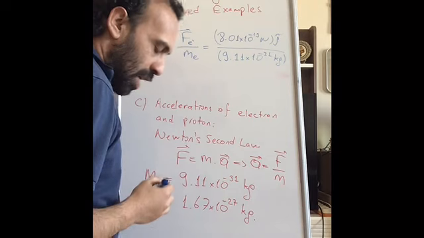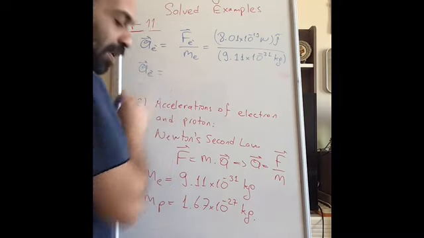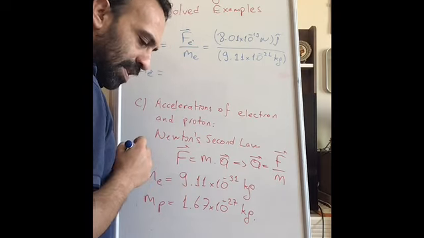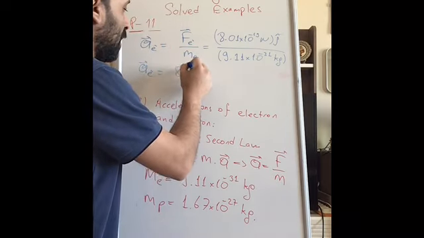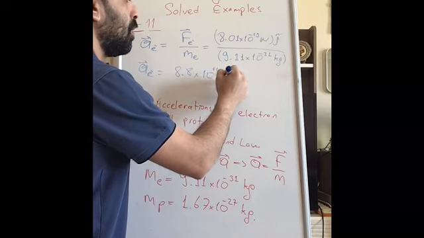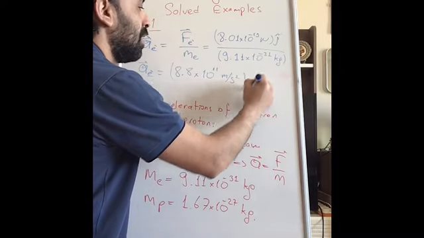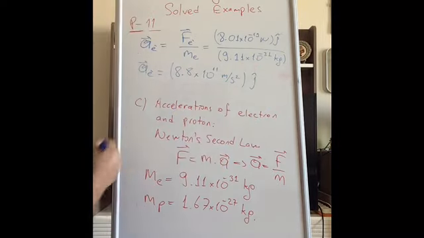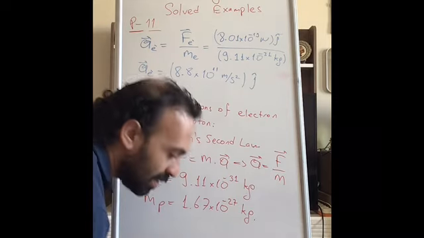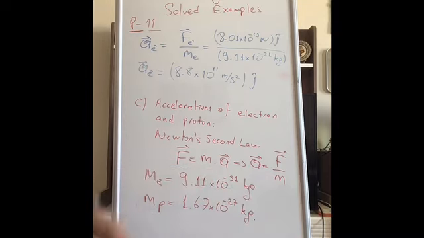And if we use our calculator, we are going to find the acceleration of the electron will be about 8.8 times 10 to the 11th meter per second squared. So of course the direction will be positive, right? Because F_e is in the positive direction, and by this equation, m is always positive, so acceleration and force should always be in the same direction.